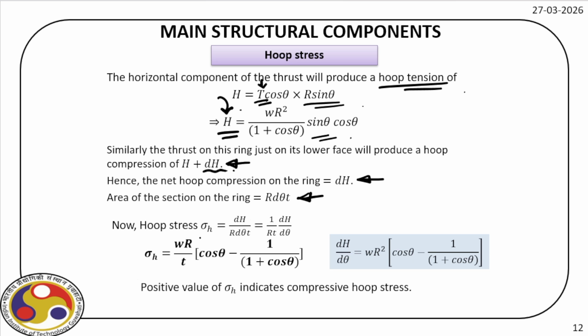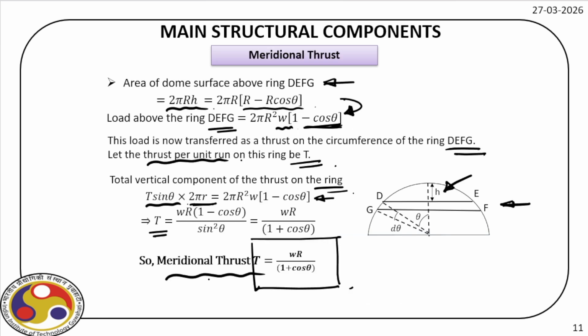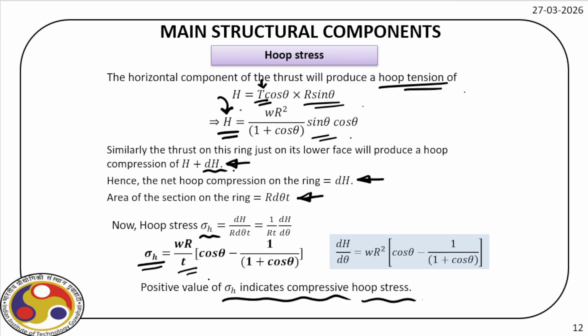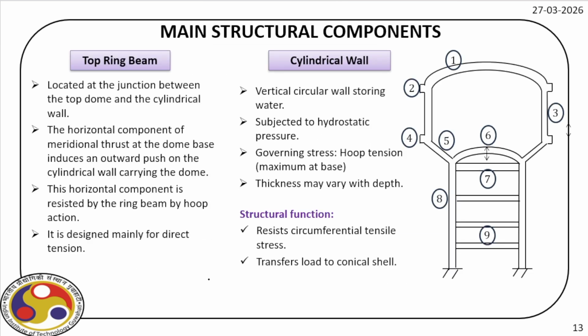So we can quantify hoop stress, which is this hoop compression divided by area, and we get sigma h as omega capital R by t, t is the thickness, multiplied by cosine of theta minus 1 by 1 plus cosine of theta. Okay. So positive value of sigma h indicates compressive hoop stress. So we have quantified two things, meridional thrust and then hoop acting at that level.